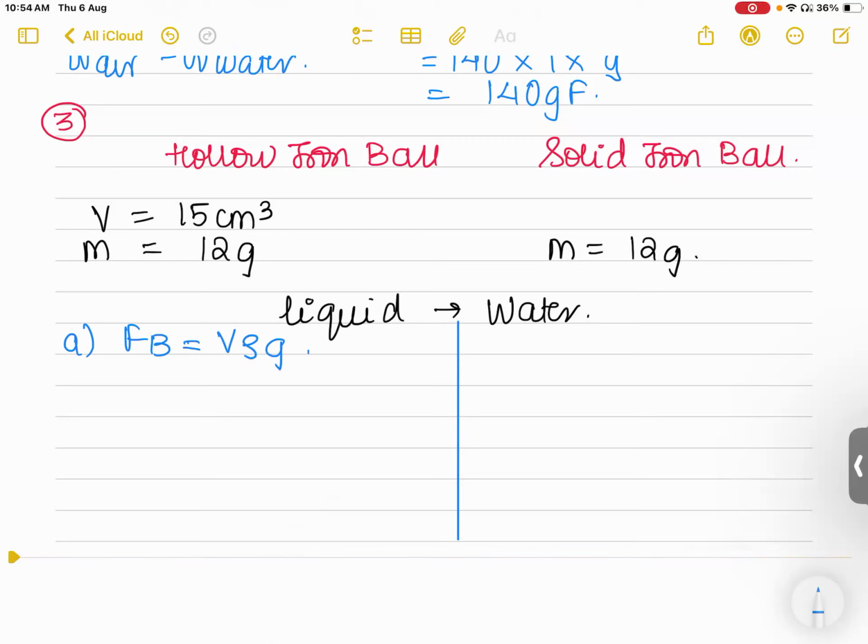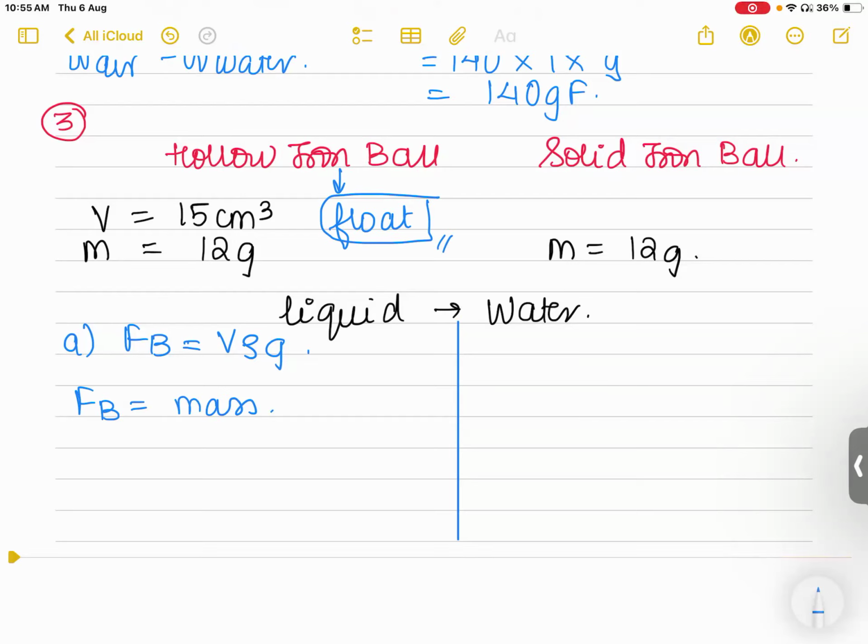Now, since I am talking about the hollow iron ball, I think, guys, it is going to float. If you remember, we had learned that technique. Whenever an object is going to float, its FB is equal to its weight or its mass. The problem is this.